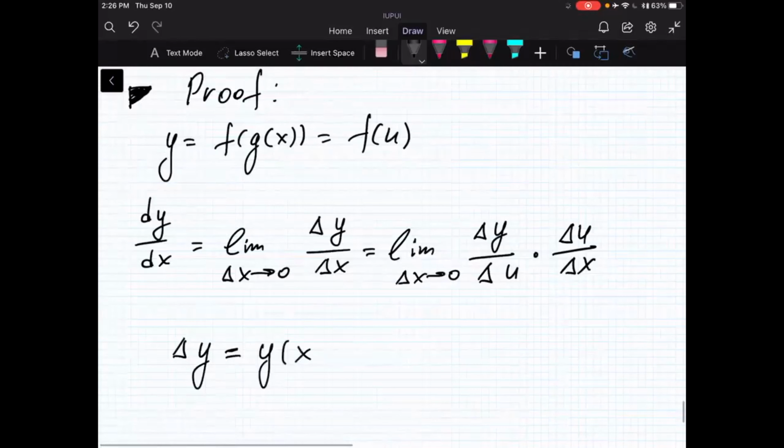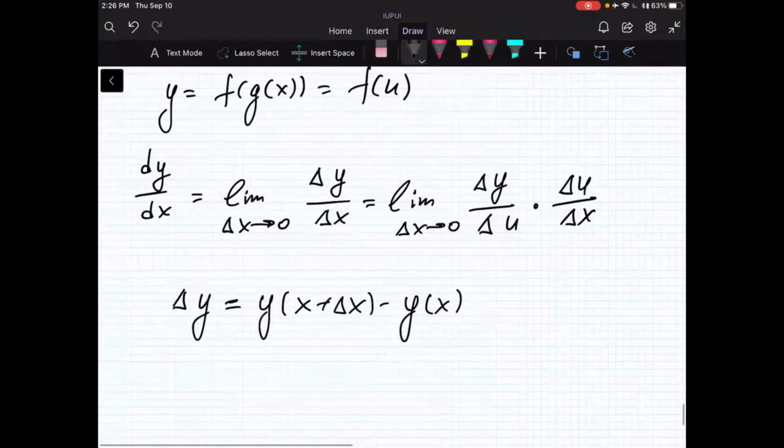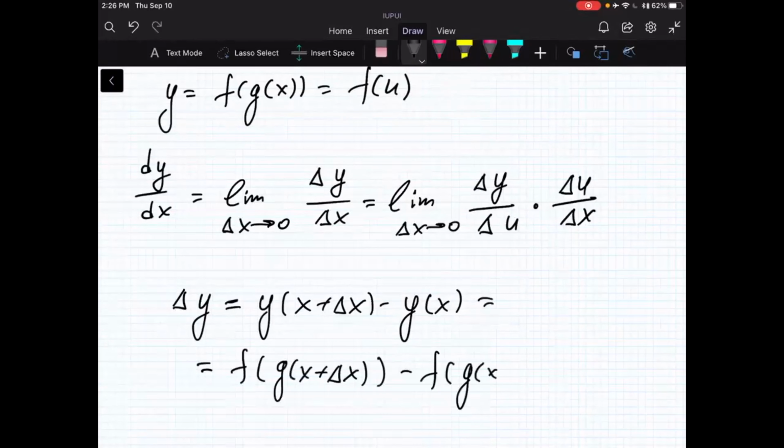It's y of x plus delta x minus y of x. But then what you need to do, you need to plug it in. So it's f of g of x plus delta x minus f of g of x.